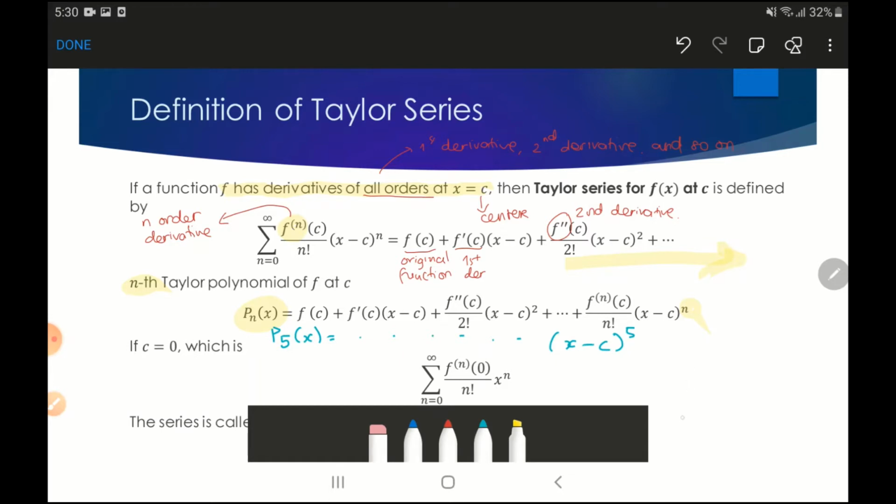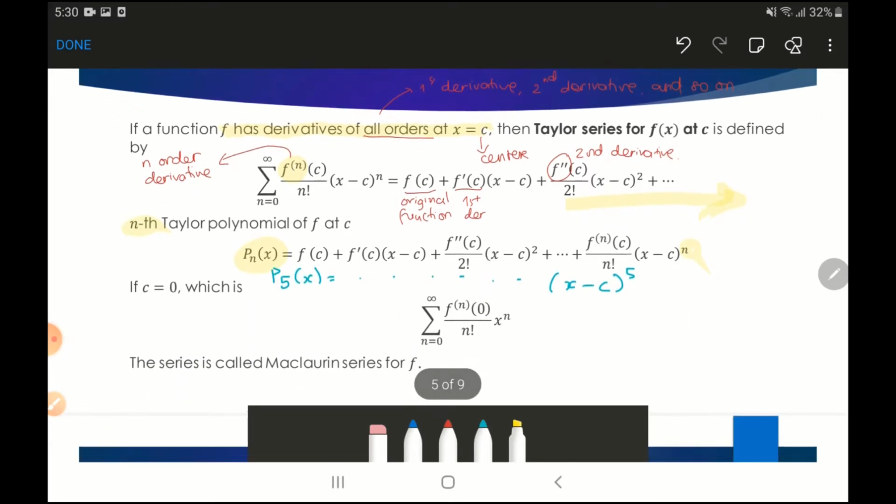So that's the Taylor series. What is the Maclaurin series? When the center c is 0, if we plug in c equals 0, then we get the Maclaurin series. So the Maclaurin series is actually the Taylor series with c equals 0.